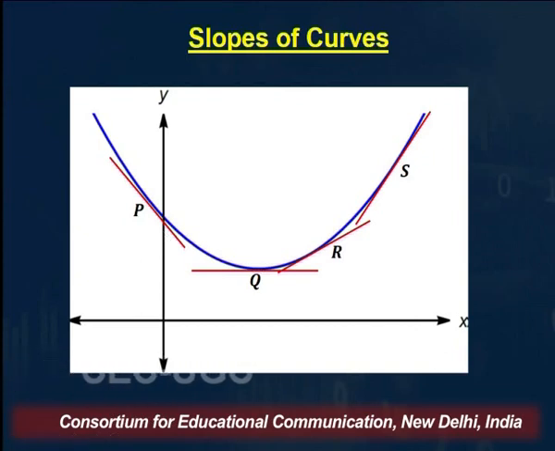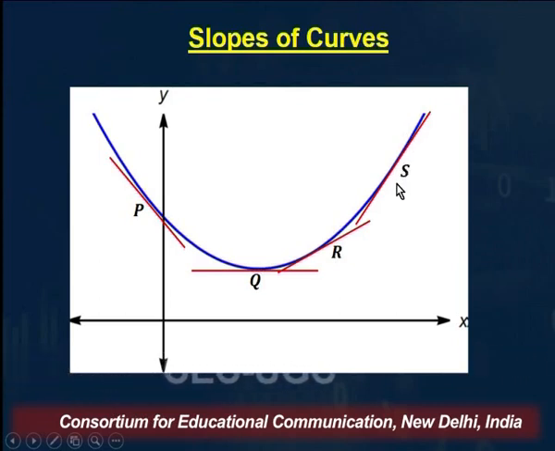So here the slope is going to be negative. Whereas if we look at point Q, here the tangent becomes flat. So this is where we're going to have a zero slope, okay? Then you can see that at point R, the tangent we've drawn, which just touches the curve at point R, has a positive slope. The line is upward sloping, and further, when we go to point S, the slope becomes even more positive.